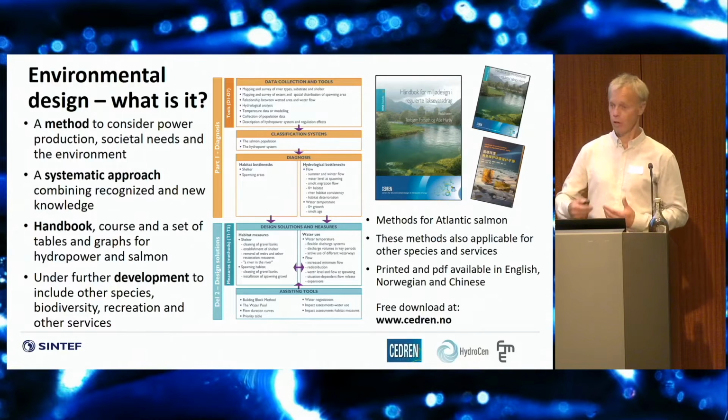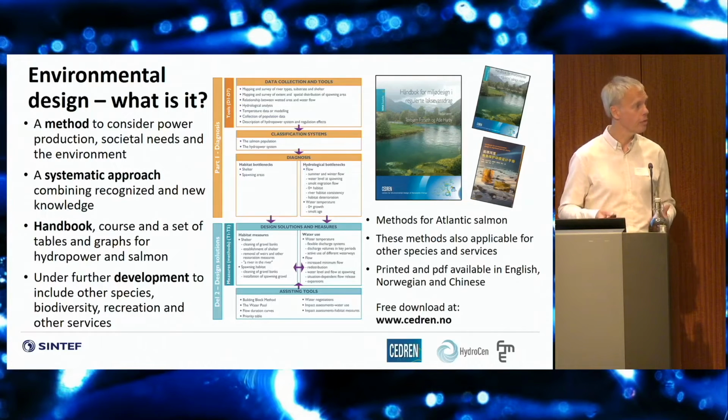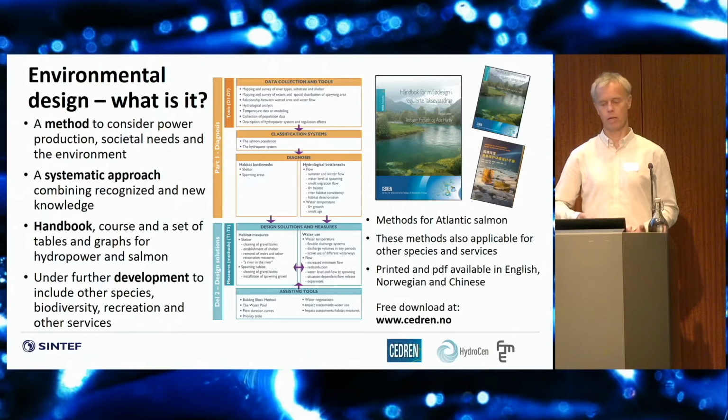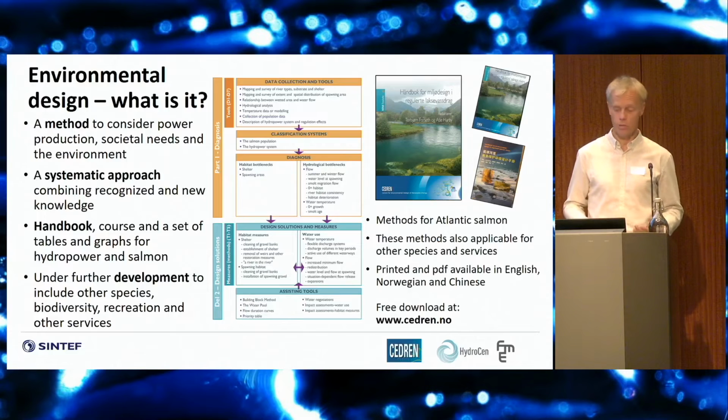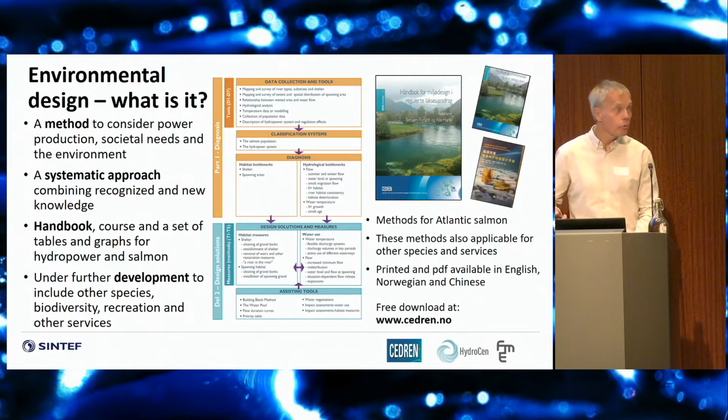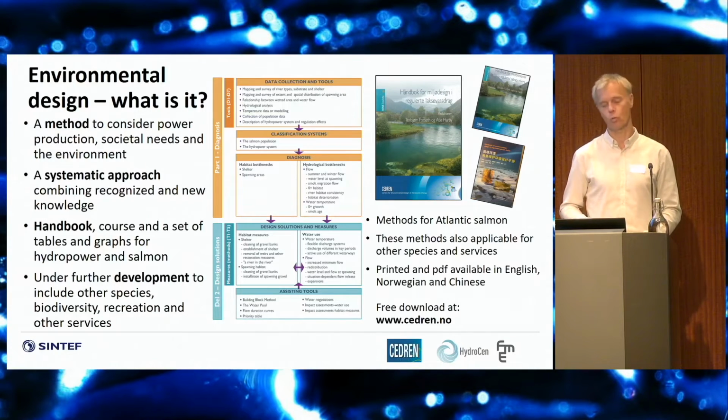It takes a lot of hydromorphological processes and descriptions of how they are changed and how that impacts the ecosystem, and mainly the first version of it was about salmon, Atlantic salmon. But we are developing now the same system for other species, for biodiversity, and also for other user interests like recreation or other services. Could be flood protection, it could be drought management, and so on.